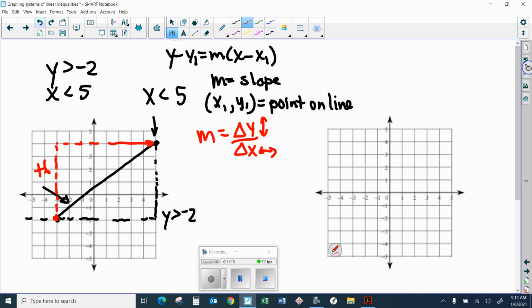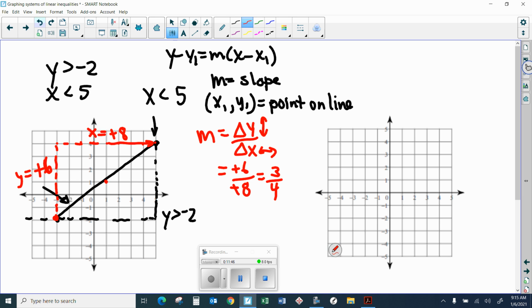I went 1, 2, 3, 4, 5, 6, 7, 8. Positive 8 in the x direction. Okay, so if you need to write down y, and this is the x direction, I know it's change in y, which is then plus 6 over change in x, which is plus 8. And then, of course, I need to reduce that down to 3/4. So 1, 2, 3, 1, 2, 3, 4.